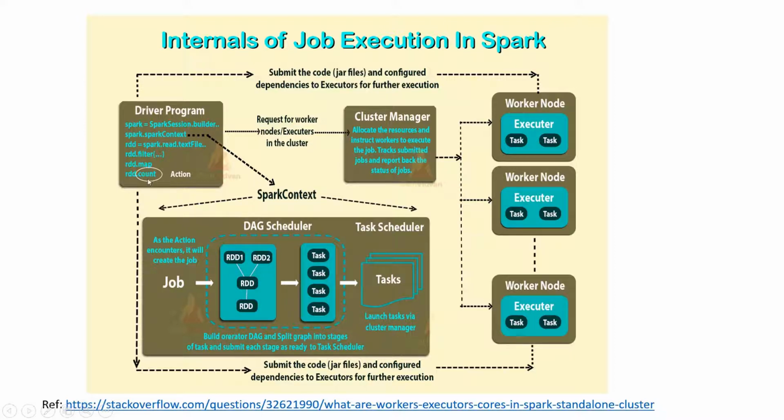This count operation is the kind of operation we call an action to get the result. Until we call this RDD count, Spark will not execute or evaluate this execution graph. Once we call this RDD count, Spark executes these tasks, and when the tasks are executed, it will apply this kind of operation, filter, map, and so on, then return the result.